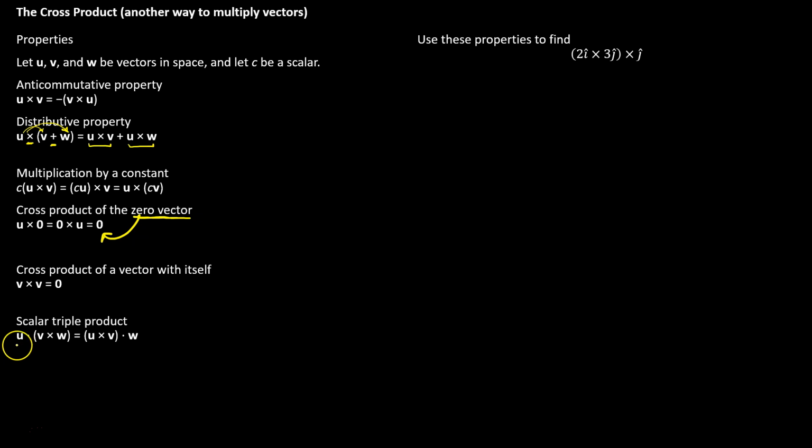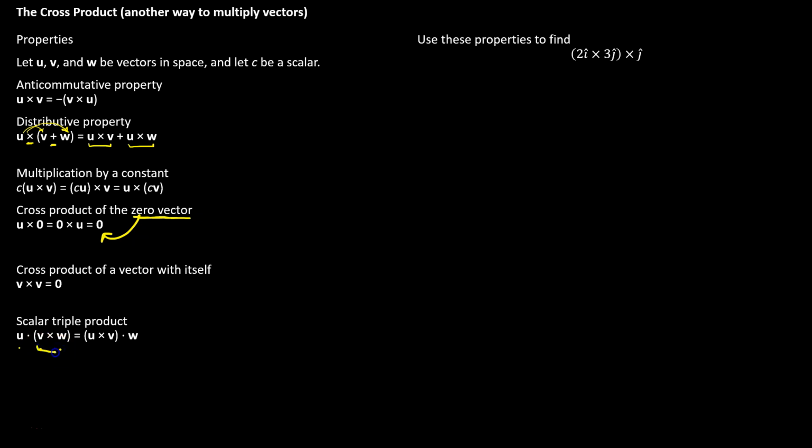And then lastly, we have something called a scalar triple product. And this is pretty cool. It's a triple product because there are 3 vectors. It's a scalar triple product because the result is a scalar. Remember that game, scalar or vector? Well, u is a vector, v is a vector, w is a vector.